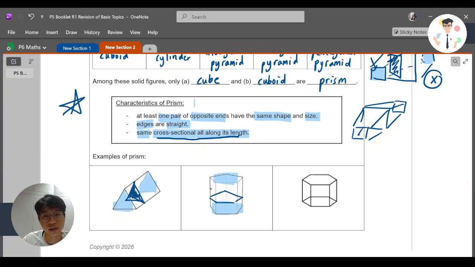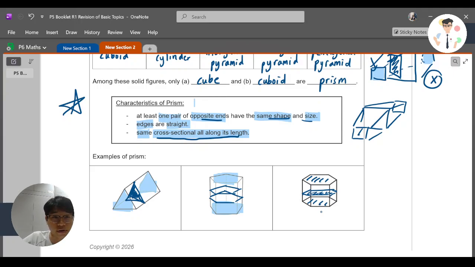If I cut up here, also the same. Up and down are the opposite ends, the same shape and same size. Edges all straight, and if I were to cut, also the same. That's why these are called prisms.